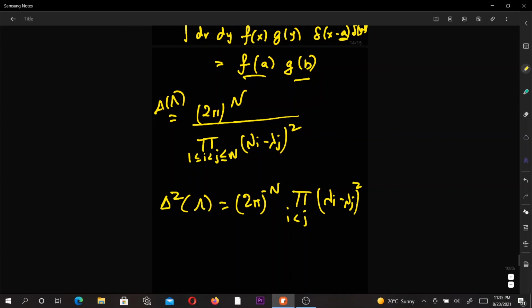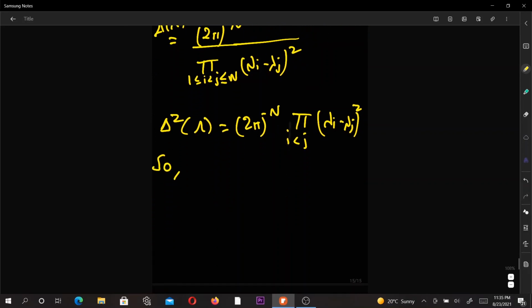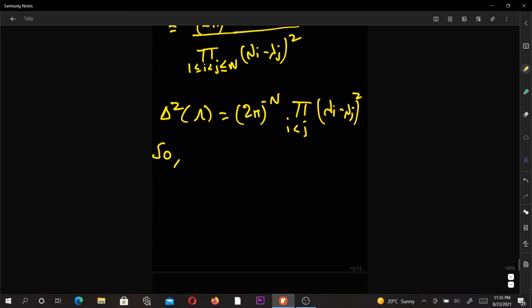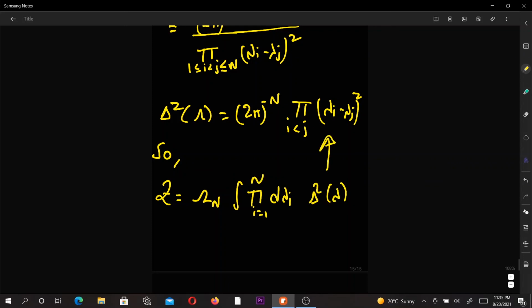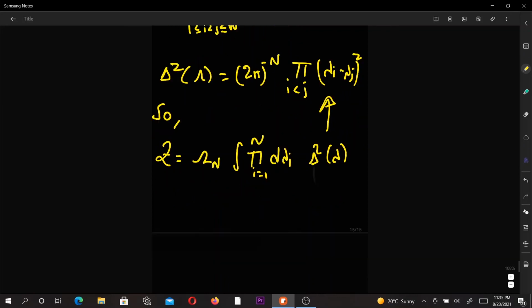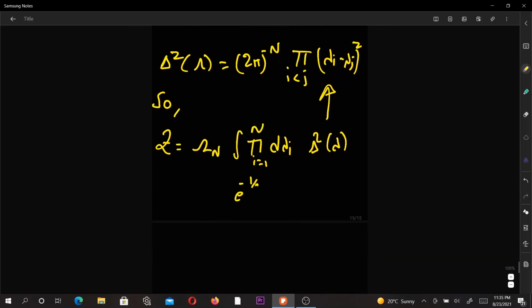So ultimately what do we have? In terms of the eigenvalues, we have a product from 1 to n of this factor, which we now know what this factor is, and exponential of minus 1 over 2 gs sum over lambda i squared.